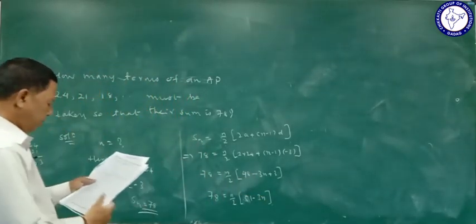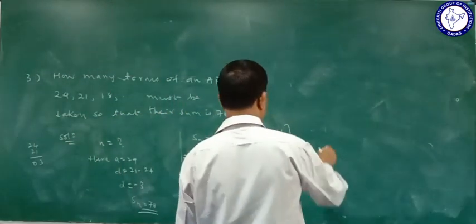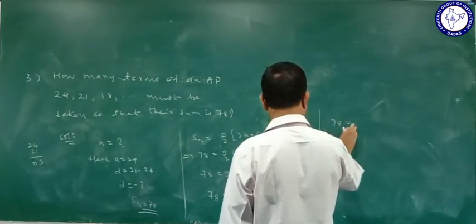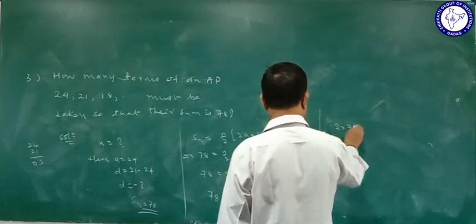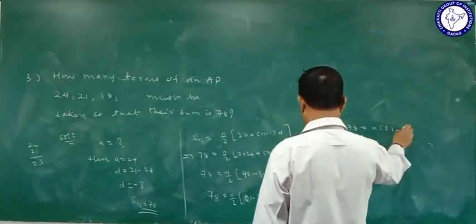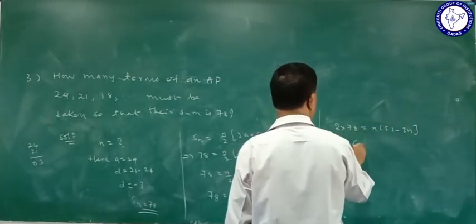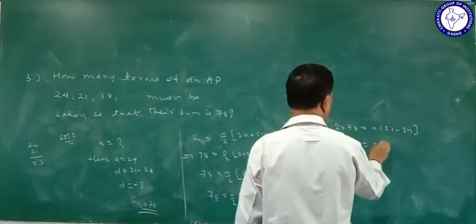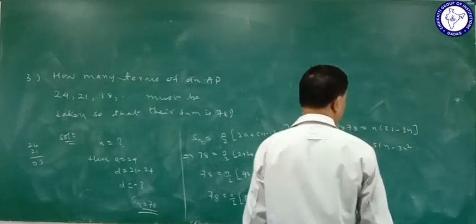When you have 51 minus 3n, simplify: 2 into 78 is equal to n into 51 minus 3n. So 156 is equal to 51n minus 3n square.